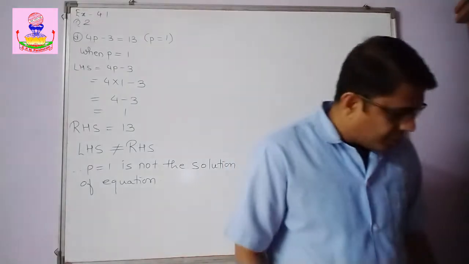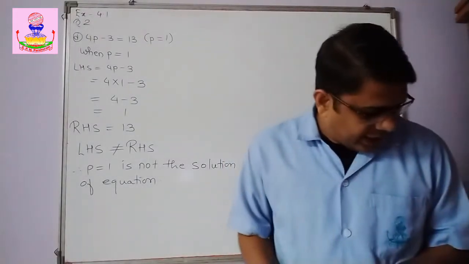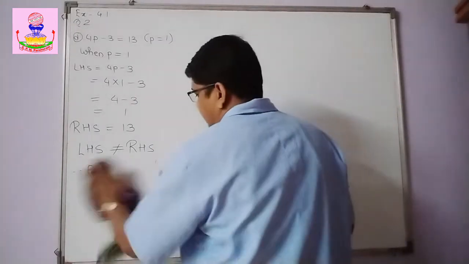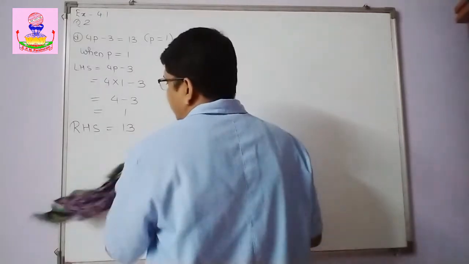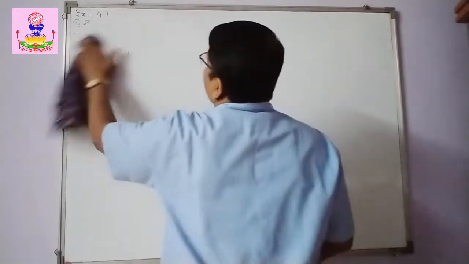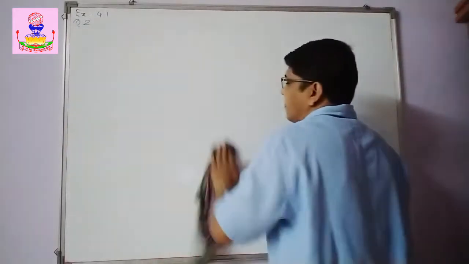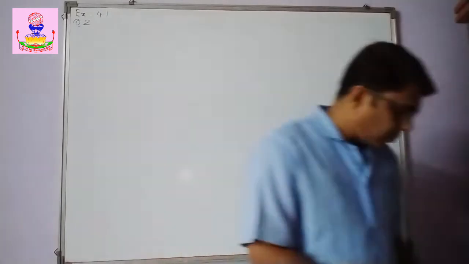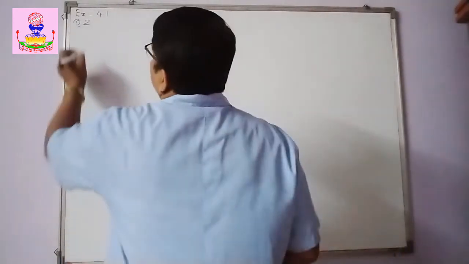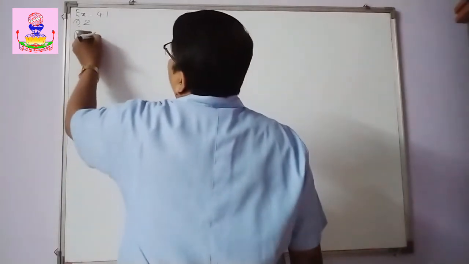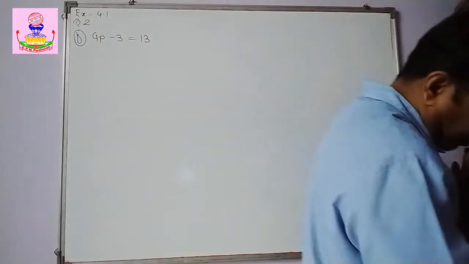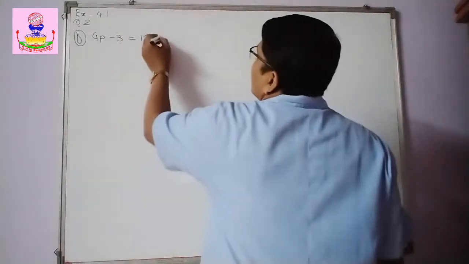Okay, now let us see F. So F: 4p minus 3 is equal to 13 and the value of p is equal to 0.